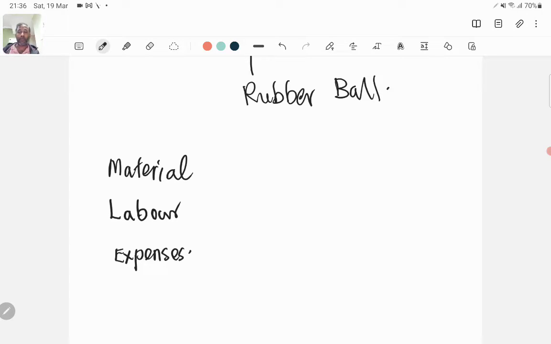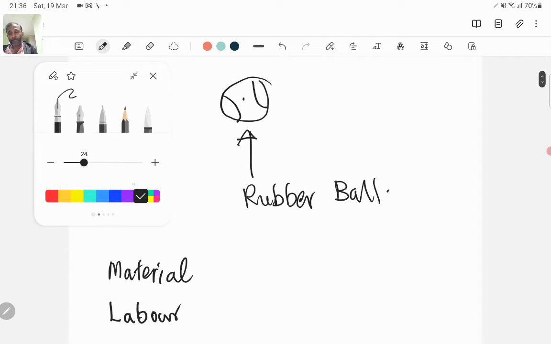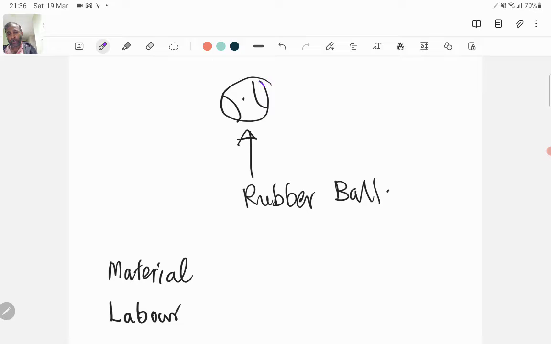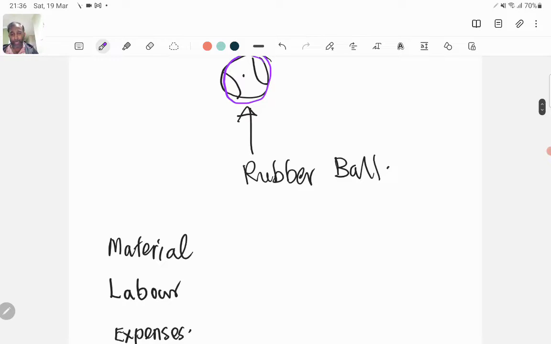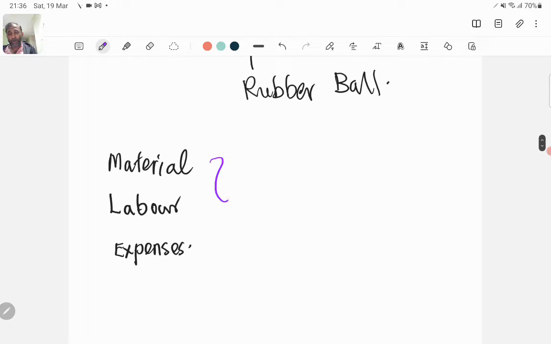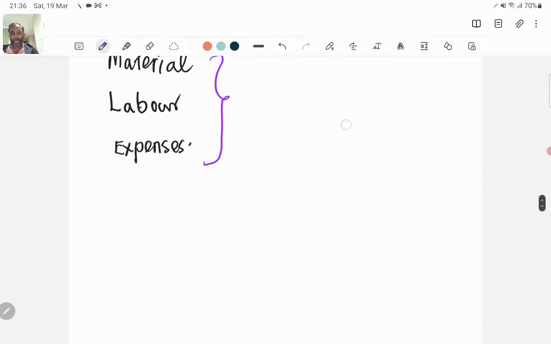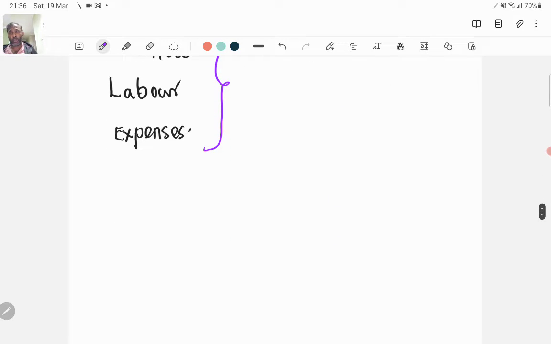So when I complete one single unit of this rubber ball, at the time of completing, I may have to incur or consume the required elements from material, labor and expense. As all of us understand, this goes into a given process.